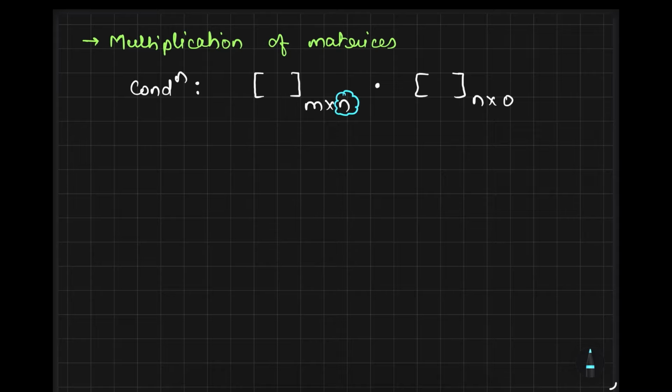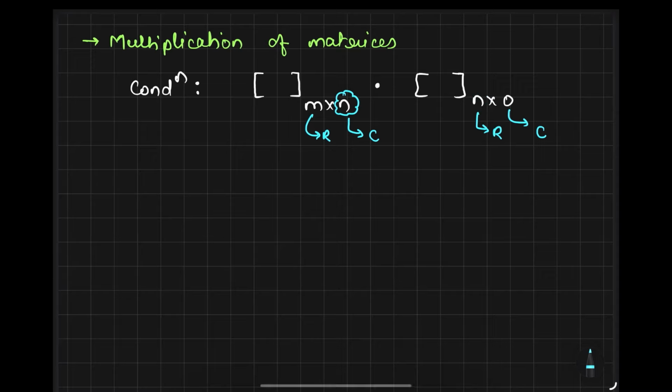This is rows, this is column, this is rows, this is column. So the number of columns of the first matrix should be equal to the number of rows of the second matrix. Only then can we multiply.